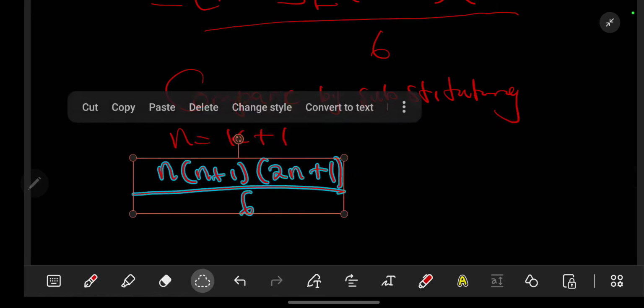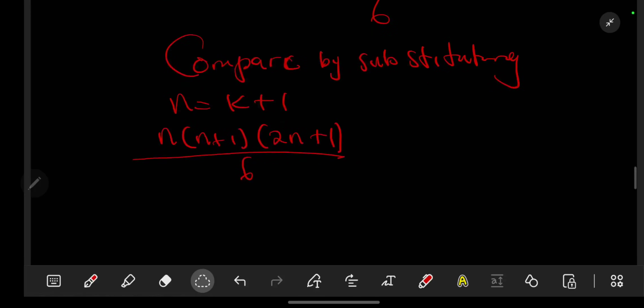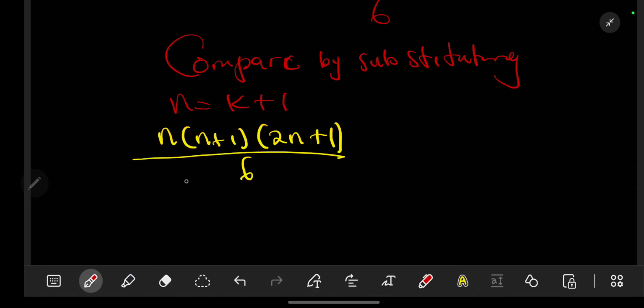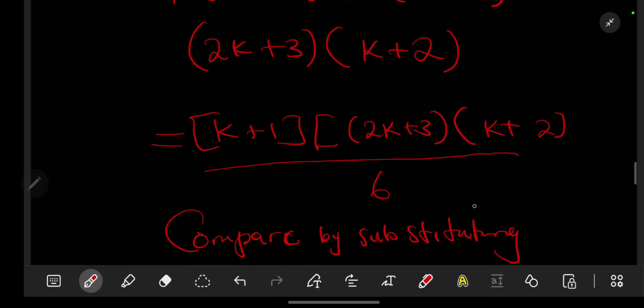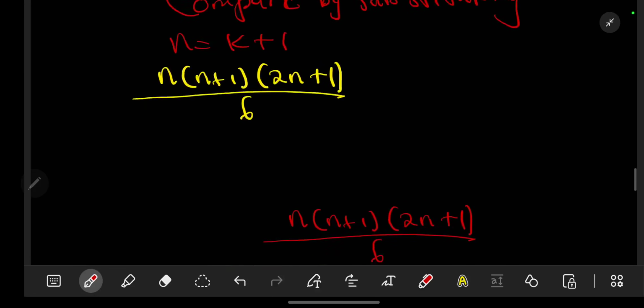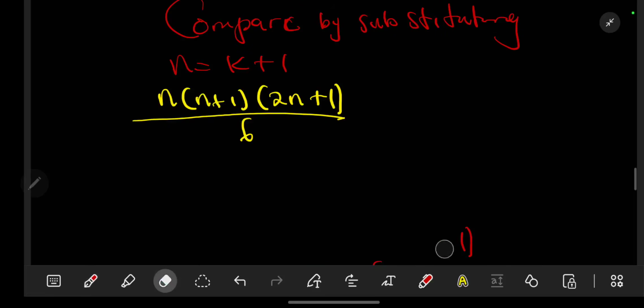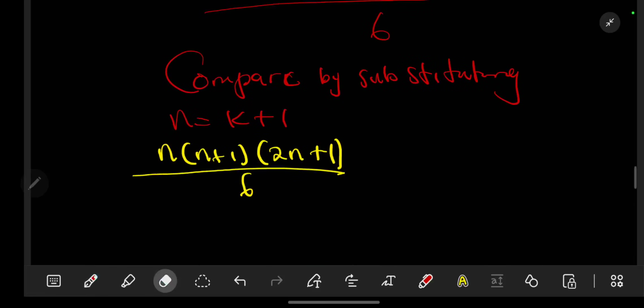You are going to replace this value. Remember, you did not get this value by replacing in the first place. I'm talking about this one. So if you get the same by replacing, it means the formula is correct by mathematical induction.